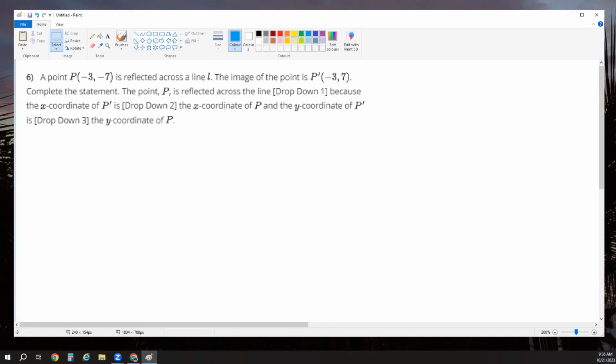It wants us to know what the line is, and then describe how the point is done, the point relationships. The two drop downs are pretty easy. The line part is the tough part. So just start with point comparison to give you the algebraic description. And from there, you should be able to say, okay, what's this type of transformation? But the biggest thing was you had to understand what I just described.